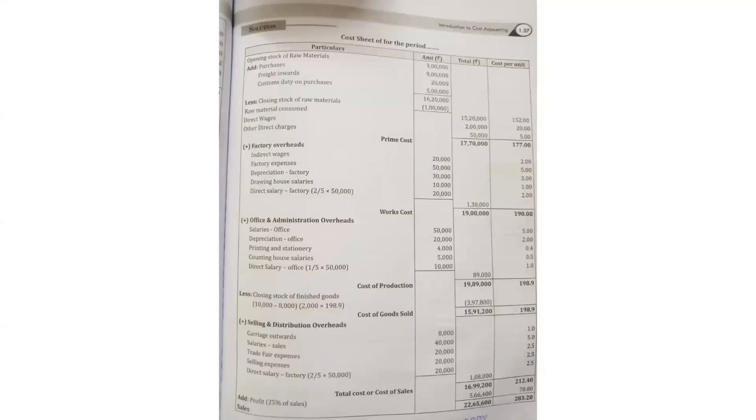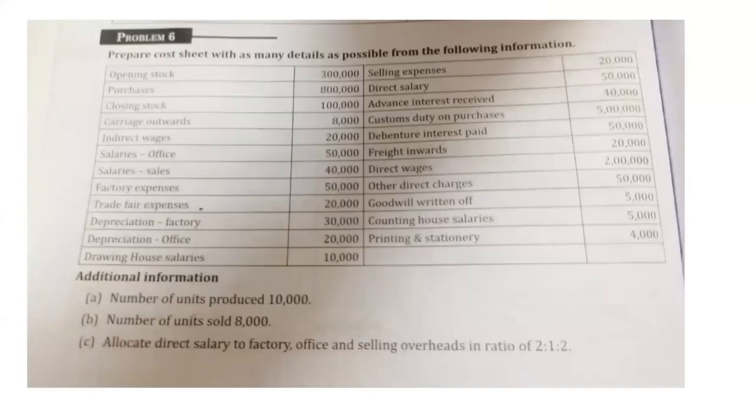Check for the closing stock. Is there any opening and closing stock of finished goods? How many units produced? 10,000. How many units sold? 8,000. So 10,000 minus 8,000 units sold. There is no opening balance of finished goods, they haven't given it here, so consider only produced and sold.